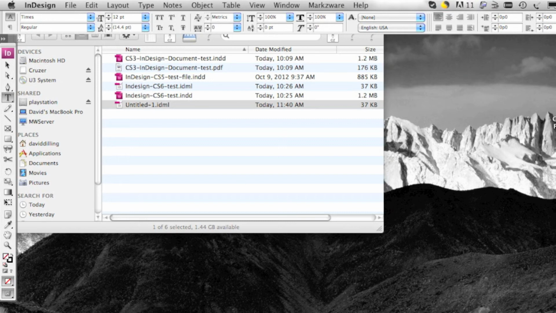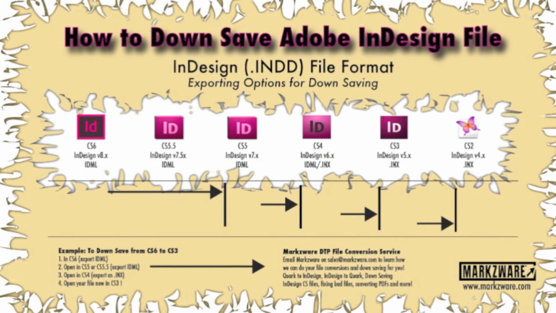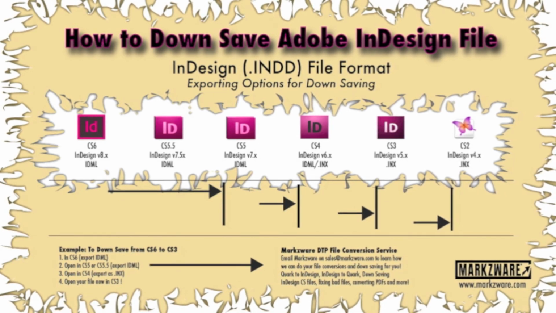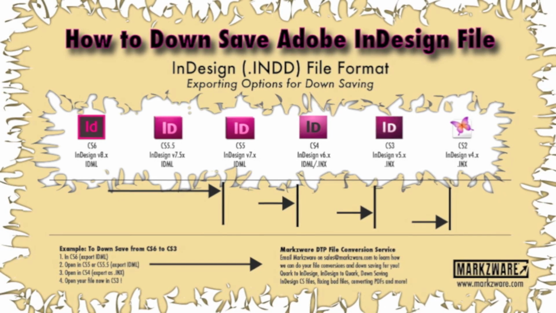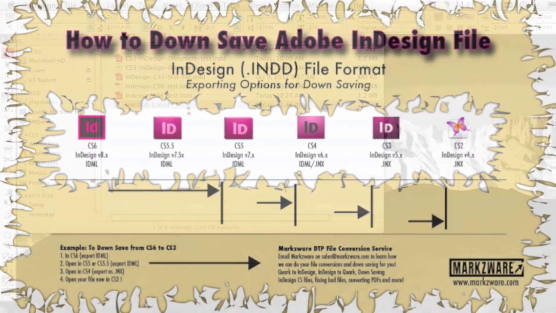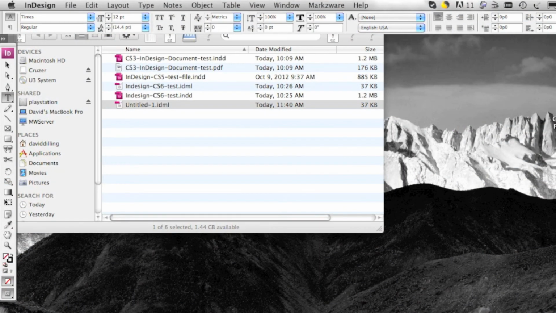So the law of every other version being able to downsave doesn't work. The lower you go, the more specific the downsaving is. And the .idml switches in CS4 to .inx, an interchange format, slightly different. So that is, in a nutshell, how you can get CS6 into CS3: you need two or more versions of InDesign.